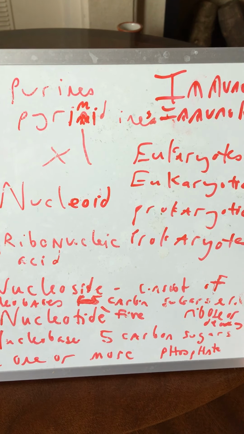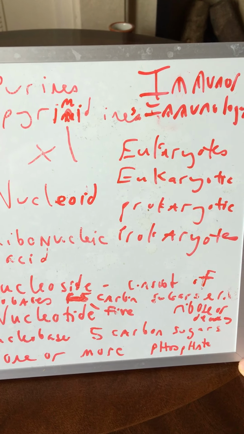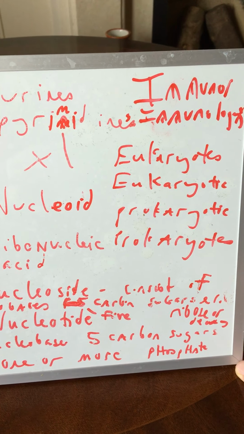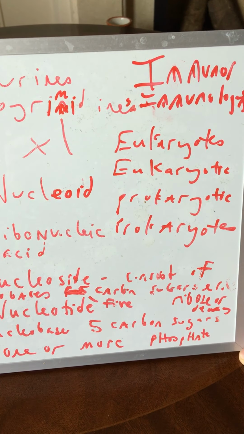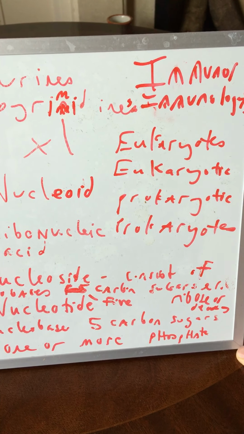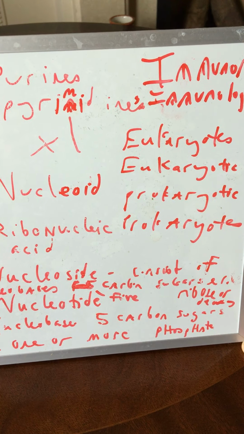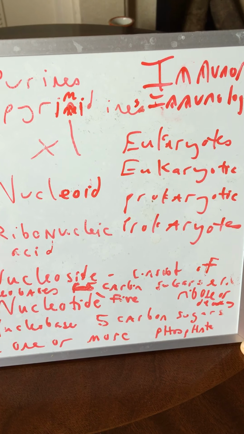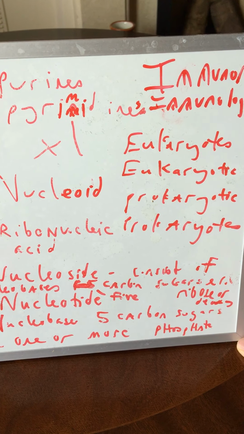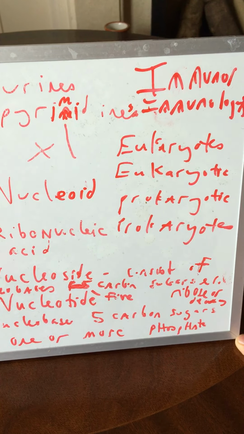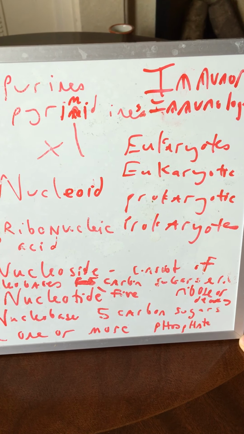I've just written down the word deoxyribonucleic acid, and it's got the ribonucleic acid spelt there, and the initials obviously are DNA and RNA. The nucleoside, I've just written a definition.